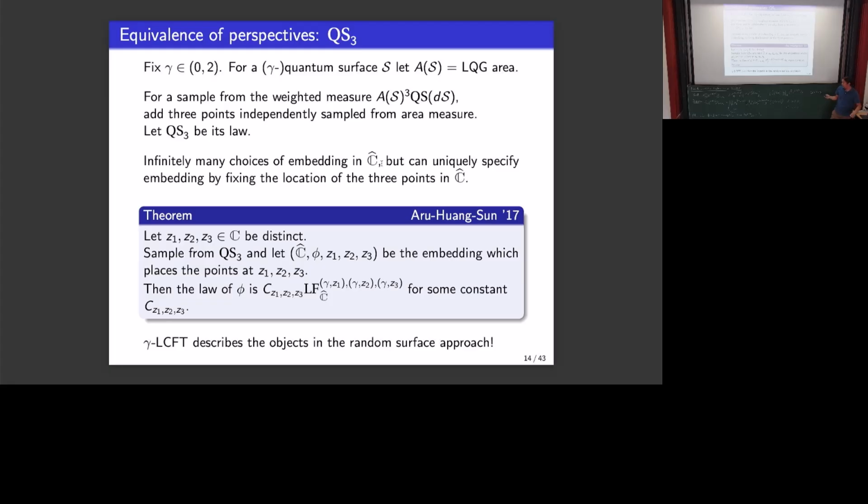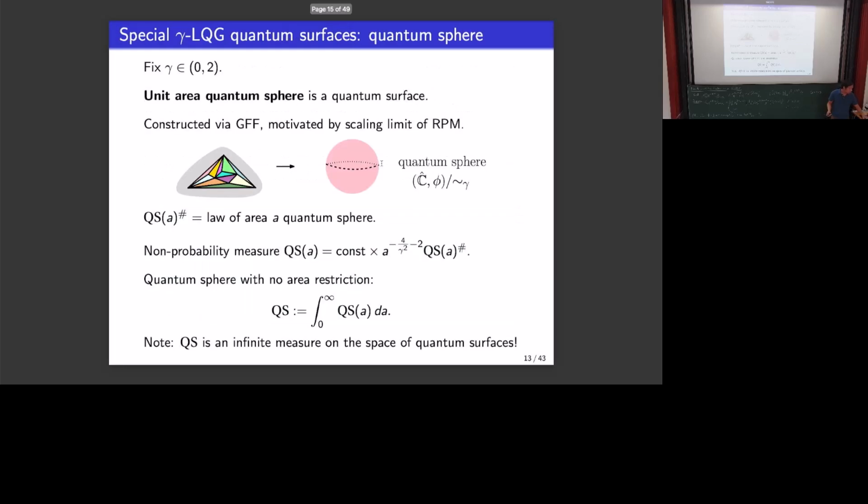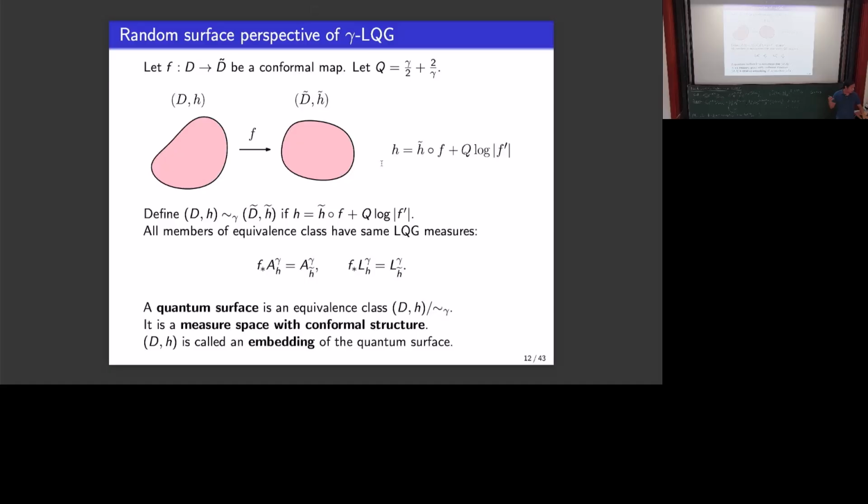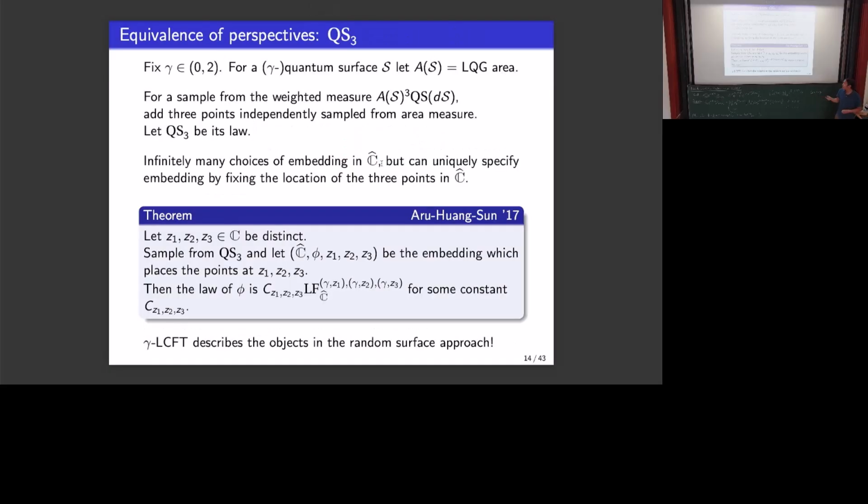Okay, so in the previous slide we had this ambiguity, this modulo embedding, and now we're fixing the embedding. And the claim is that when you sample this natural quantum surface called a quantum sphere with 3 marked points, and you embed it, the law of the field is precisely the Liouville field.